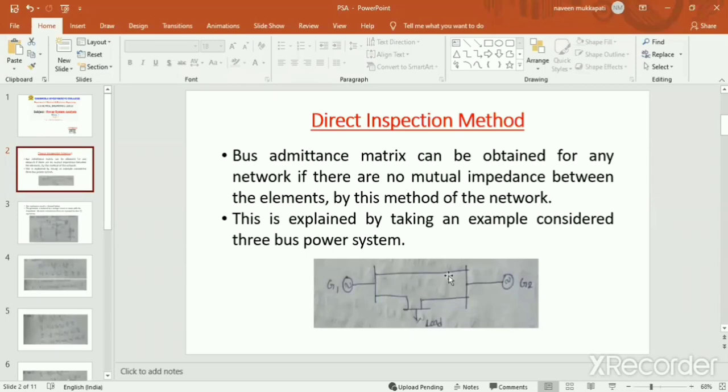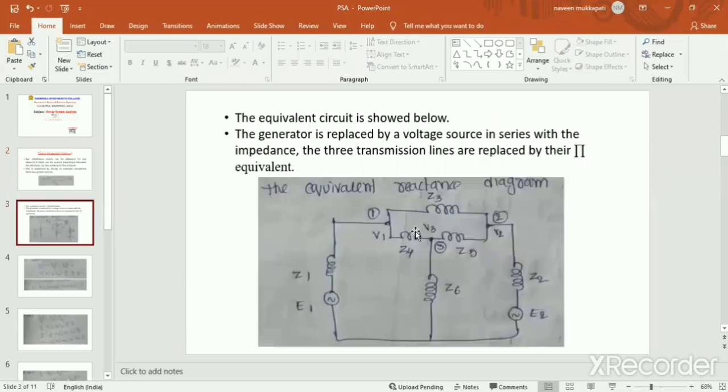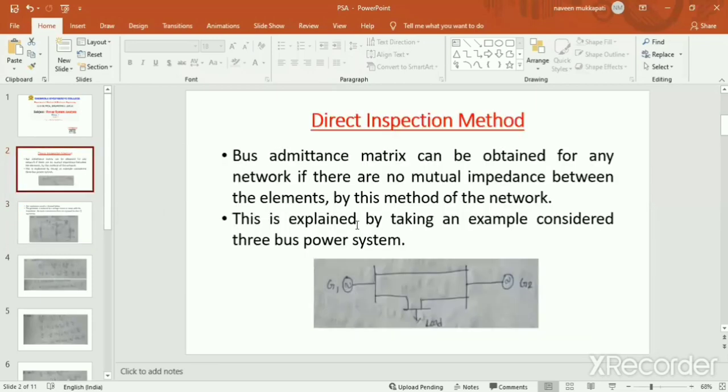These elements are represented by the equivalent reactances Z3, Z4, Z5, and the load connected between bus 3 and reference is Z6. This is the equivalent reactance diagram for the given power system.